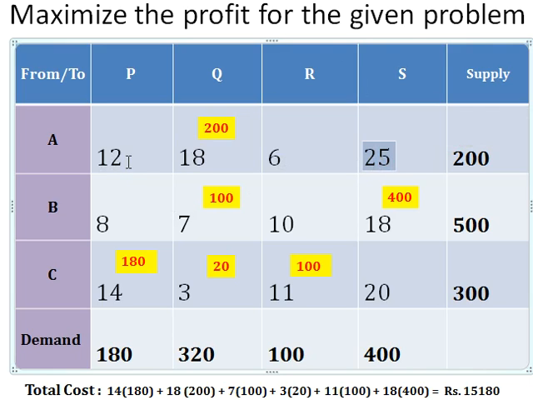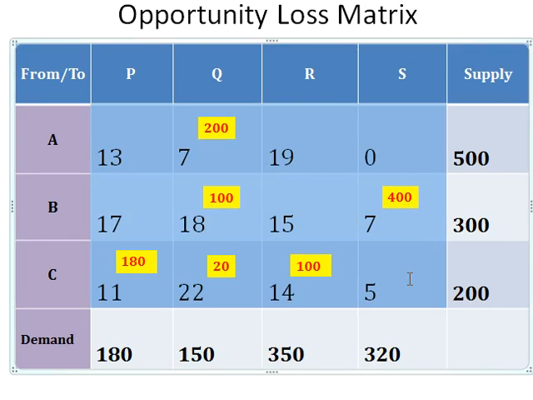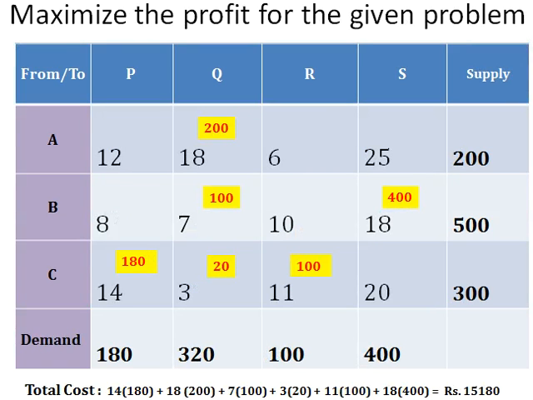Whatever opportunity we have lost from the maximum profit, that newer matrix we obtained and performed our algorithm on. It is preferable to go with the opportunity loss technique, as it will not create any confusion with negative values. If you go with the multiplication of -1, you may be confused between the maximum value and minimum value, and that may result in wrong interpretation.